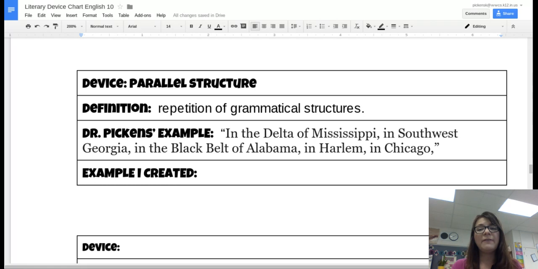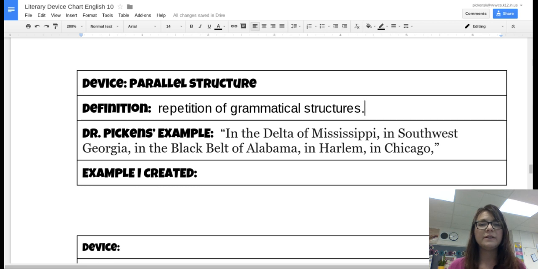Okay, and we could have other examples of grammatical structure where you have a preposition and then a noun. An example of that is in Abraham Lincoln's speech in the Gettysburg Address. He says something, and I'm doing this right off the top of my head, so I'm probably wrong, but he talks about being a nation of the people, for the people, and by the people. And so he has this repetition of these prepositions.